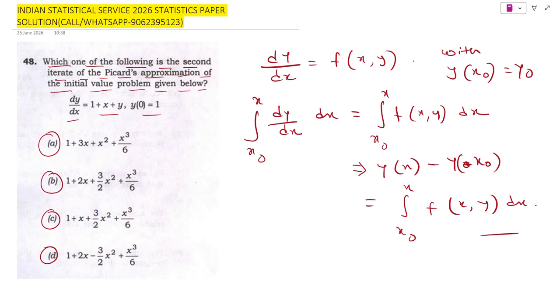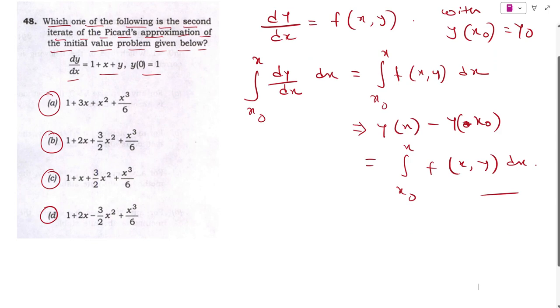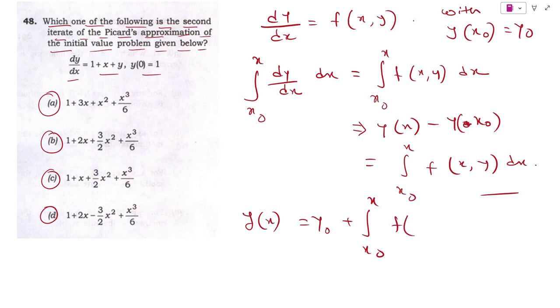Rearranging this, we get the Volterra integral equation: y(x) = y0 + the integral from x0 to x of f(x, y) dx.